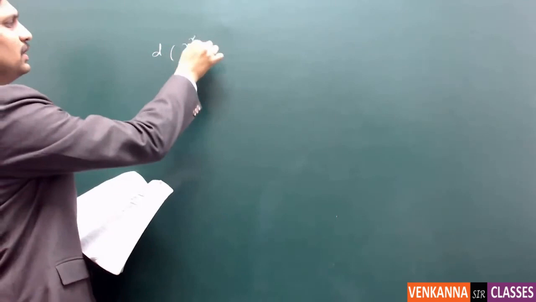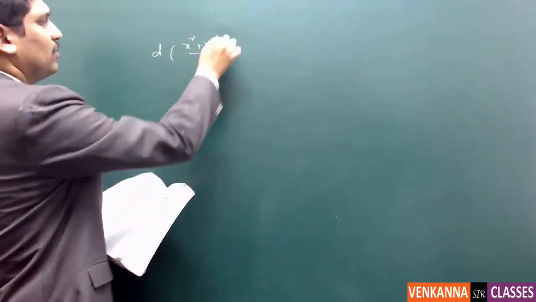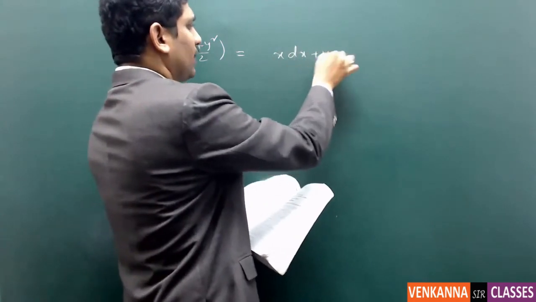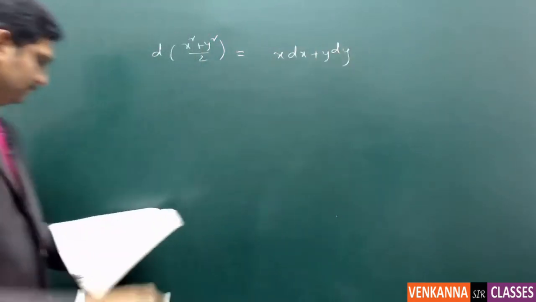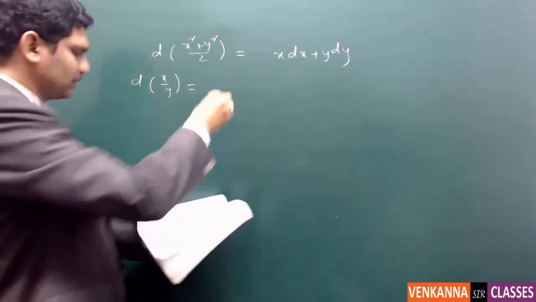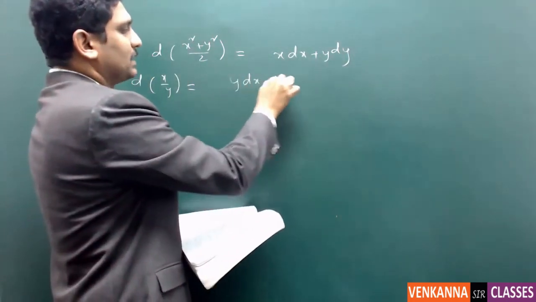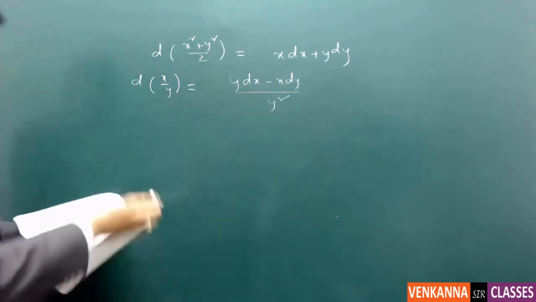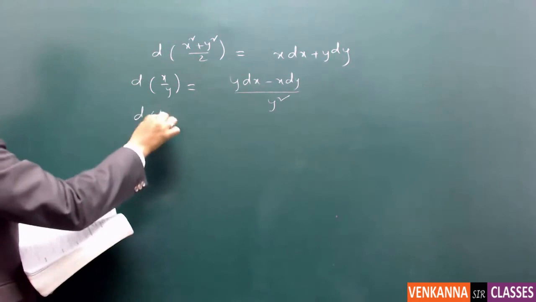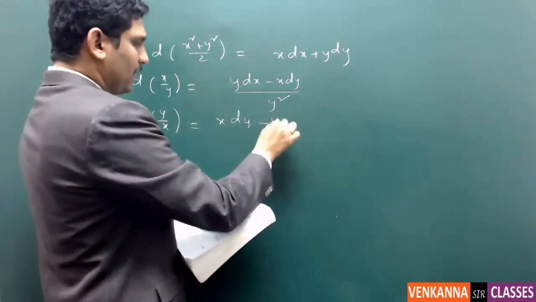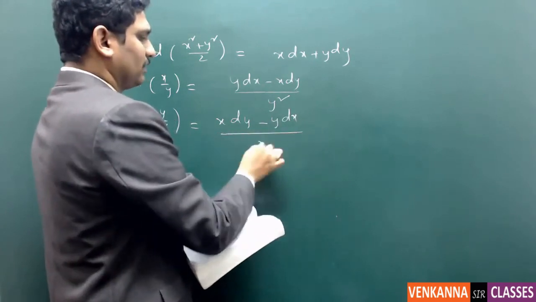Derivative of (x square plus y square) by 2 is equal to x dx plus y dy. Derivative of x by y is equal to (y dx minus x dy) by y square. Similarly, derivative of y by x is equal to (x dy minus y dx) by x square.